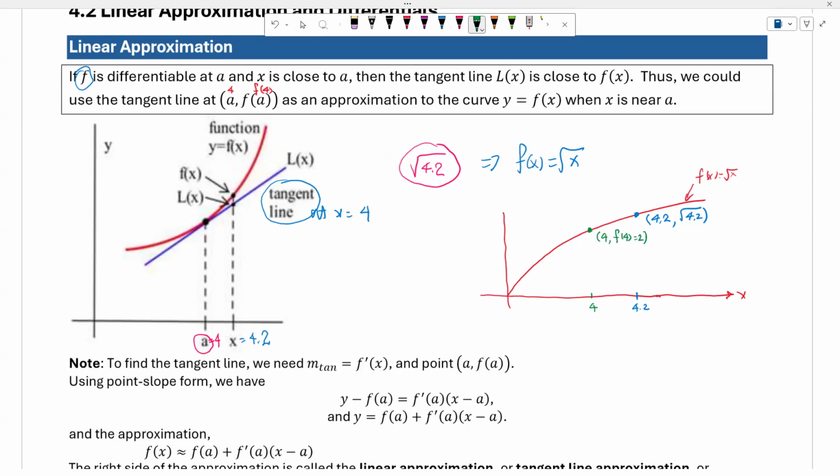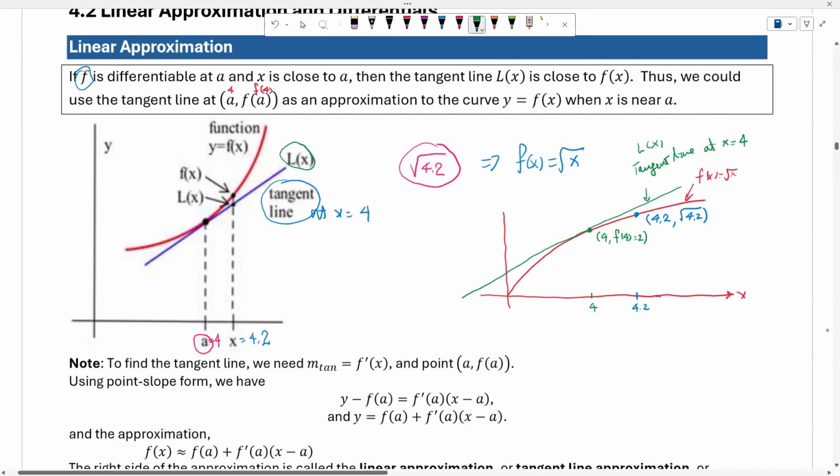Then this is the tangent line that we have at x equal to 4, and we call this tangent line L of x.